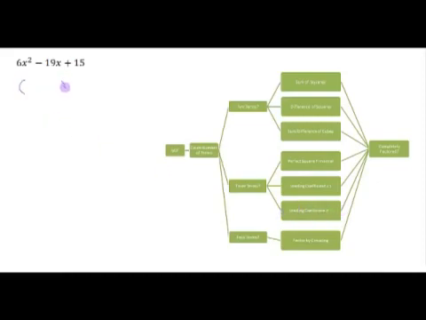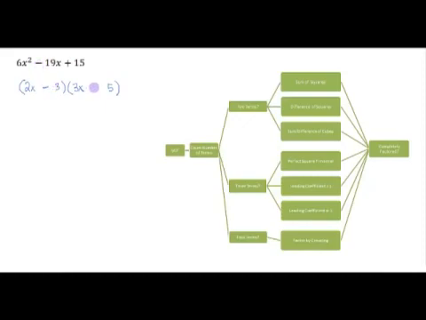Okay, so we're going to break up our 6x squared. Let's say that we try 2x and 3x first. With 15, we could break it up as 3 times 5. And I know with this plus, my signs are both going to be the same. And this minus tells us that it'll be negative.